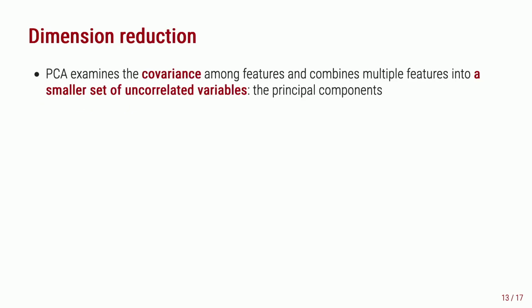So what it does is, there are a couple of methods to extract those principal components. But basically, it's examining the covariation, the matrix of covariation. So you will have the variables, and you will have covariation.